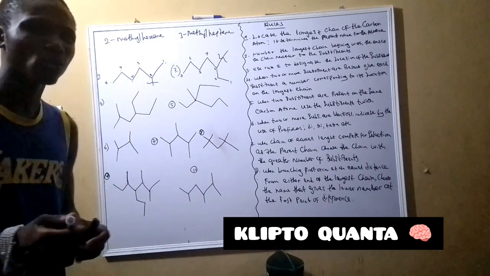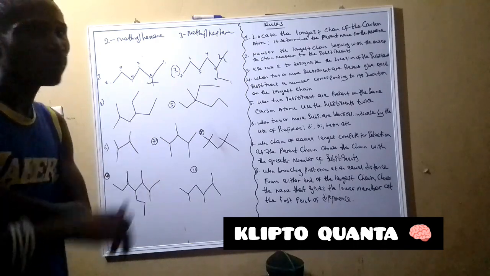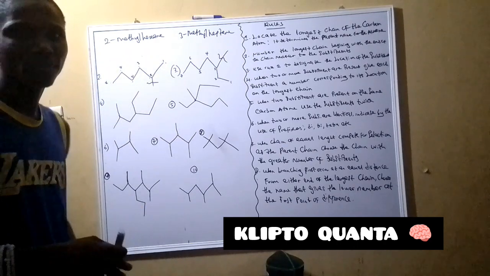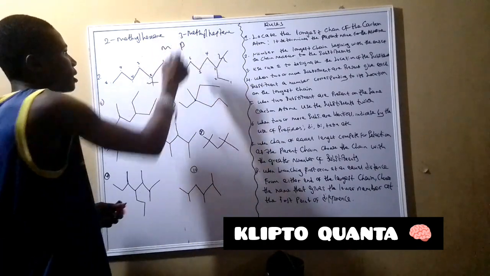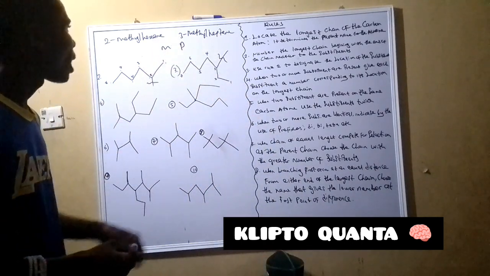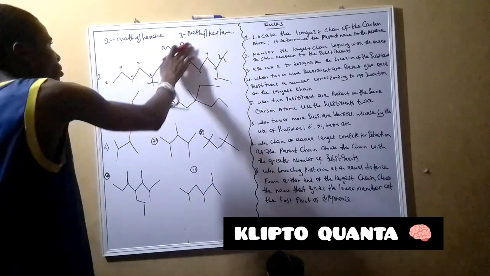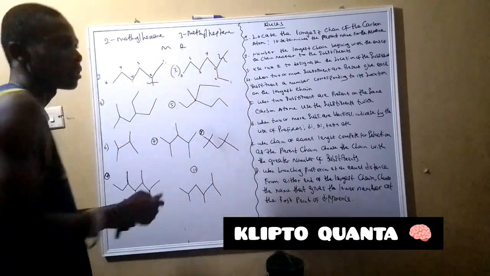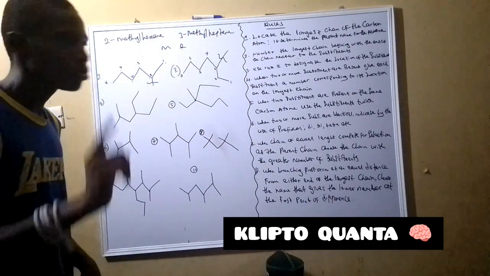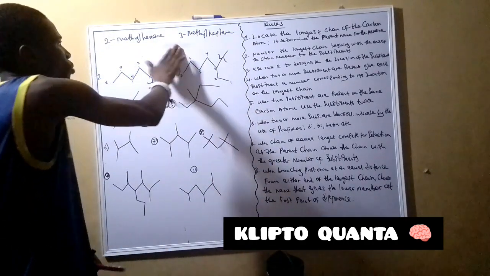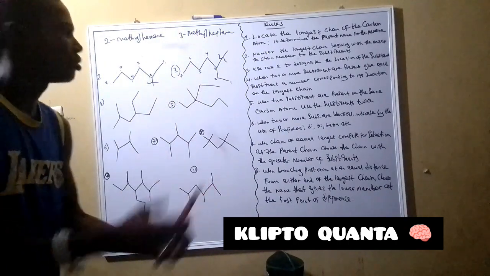When you see an alkyl group, you rank them based on the first alphabet, not their size. So if I have methyl and propyl, I will name methyl first before propyl. But if I have methyl and ethyl, I will name ethyl first before methyl. So do not forget that, guys. It is the first alphabet ranking, not their size or where they are categorized.